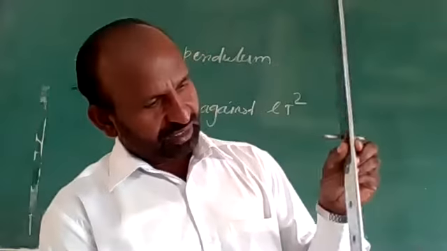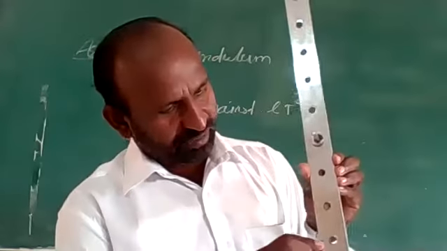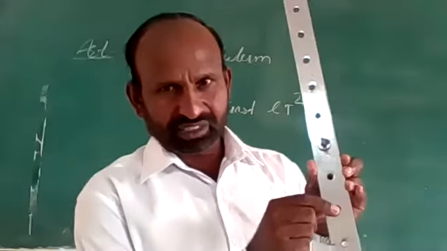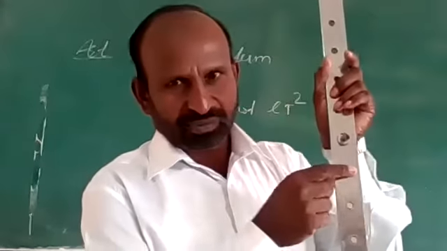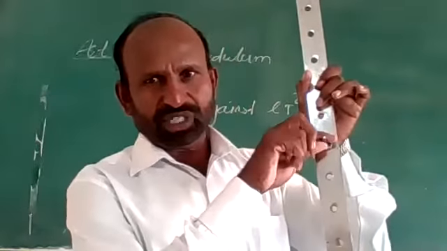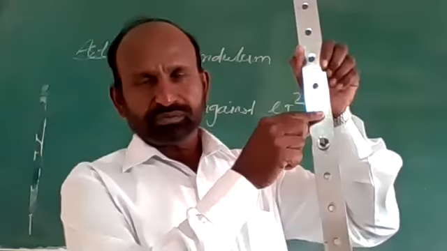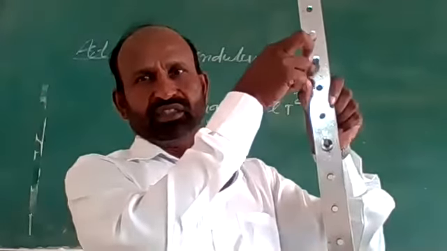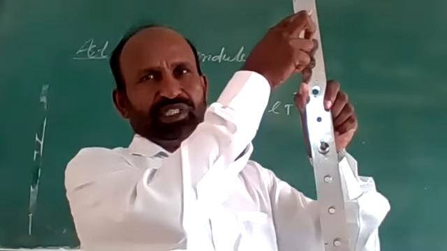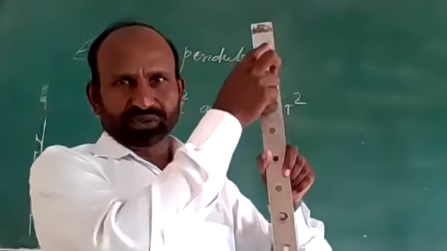So when we measure the period for distance, say this is the center of gravity, this first hole is at 5 centimeter. This is for 10. This is for 15. Again 20, 25, 30, 35, 40, and 45.